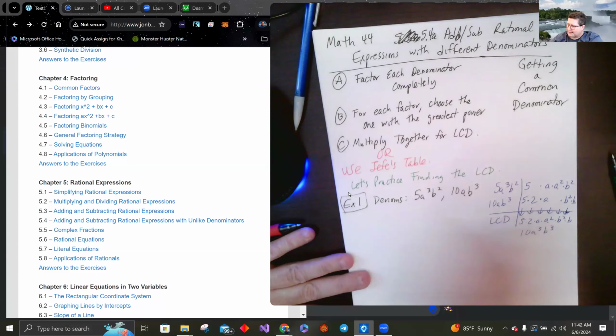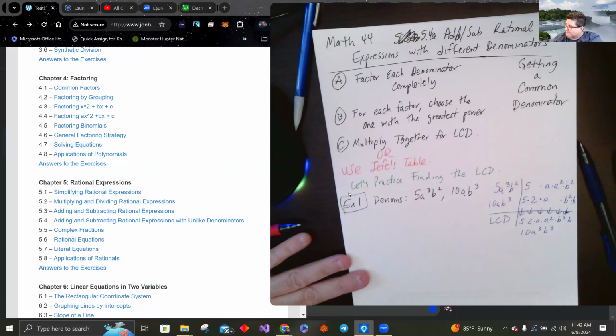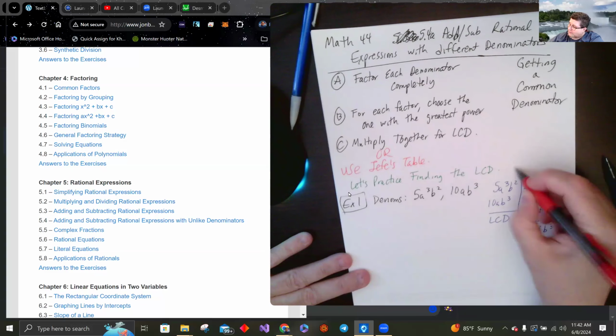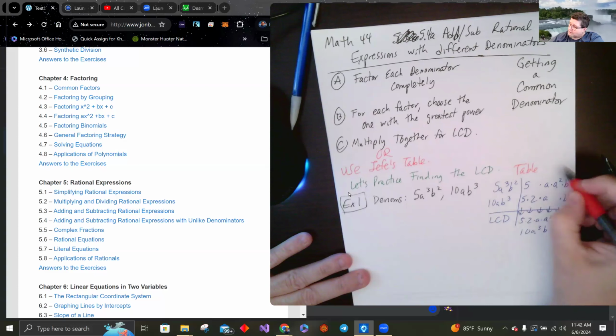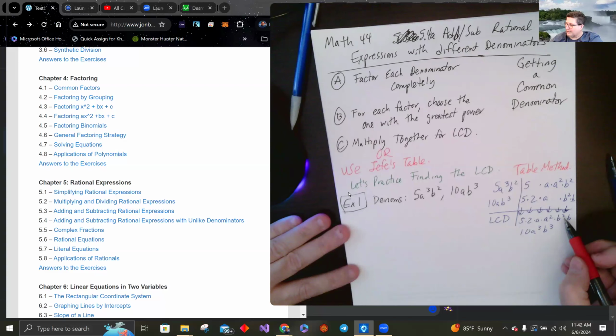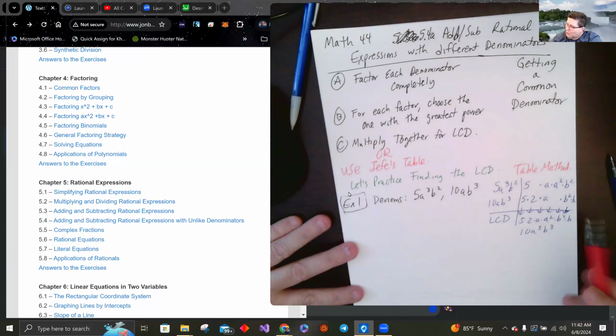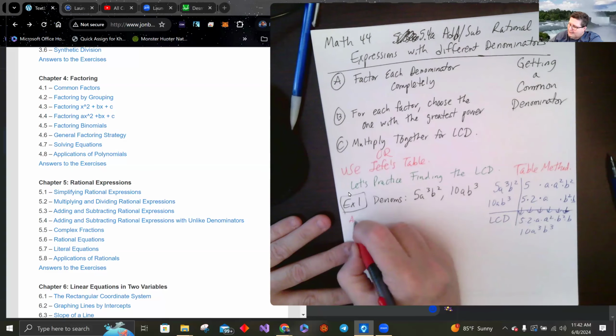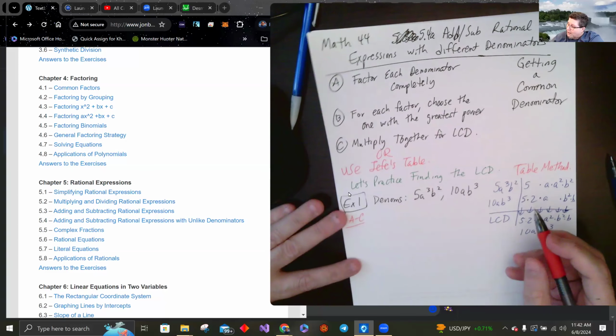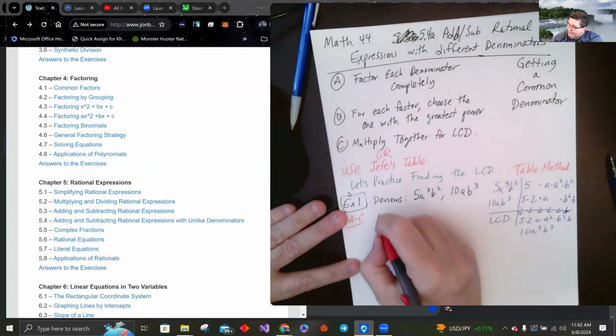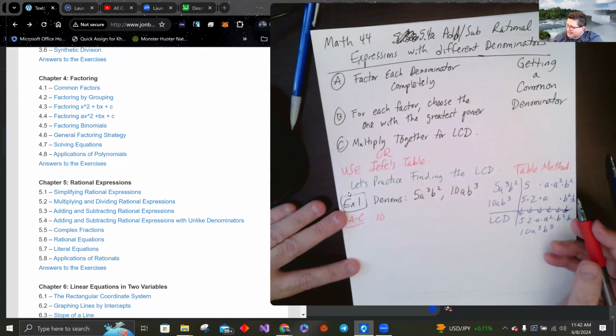So this is the table approach, and it looks kind of messier actually on this one. If we follow A through C on this one, you have to factor the 10 on your own, because that's what we did before.